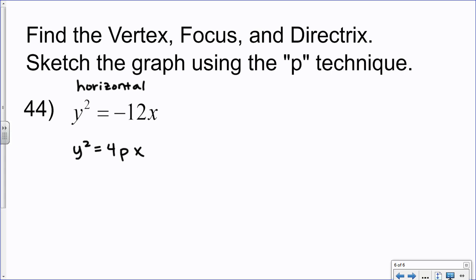Okay, this tells me my vertex is at 0, 0. Again, I'll show you as soon as we're done with this problem what it will look like if your vertex is not 0, 0. You would have parentheses. You would see parentheses, just kind of like with your center. All right. So my vertex is at 0, 0.